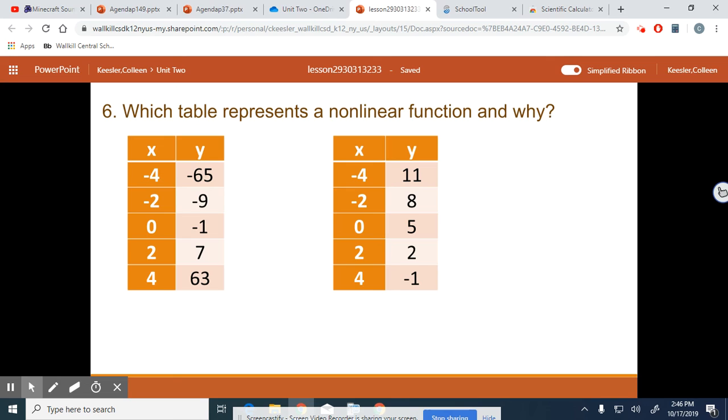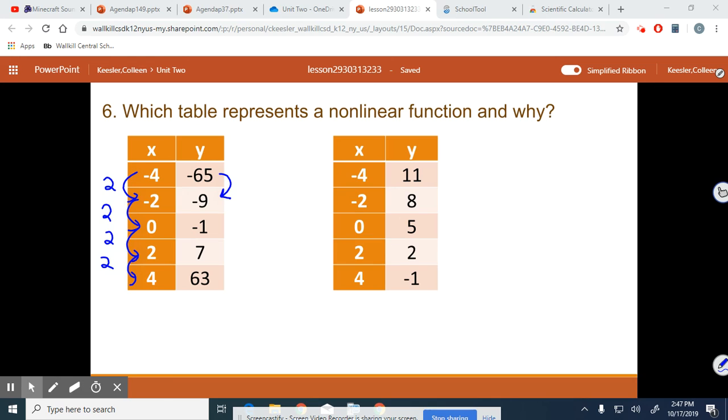All right, so now again, we want to be able to tell if something's linear or nonlinear just by looking at some tables. So let's see what happens in these two tables. The first one, if you're looking at the x side, we're going up 2, up 2, up 2, and up 2. So this side is consistent. But if we look at the y side, 65 to -9 is going up.